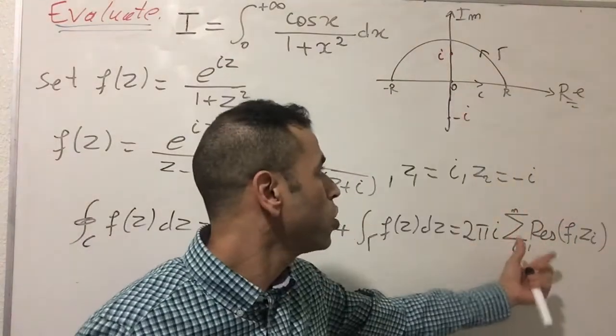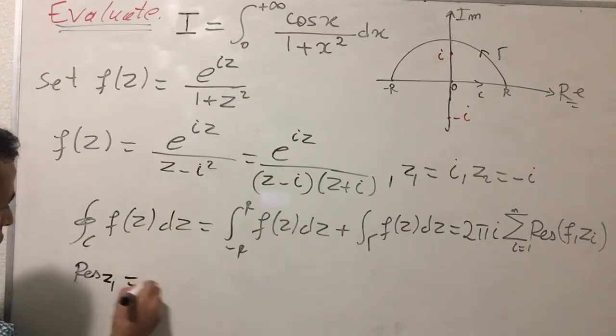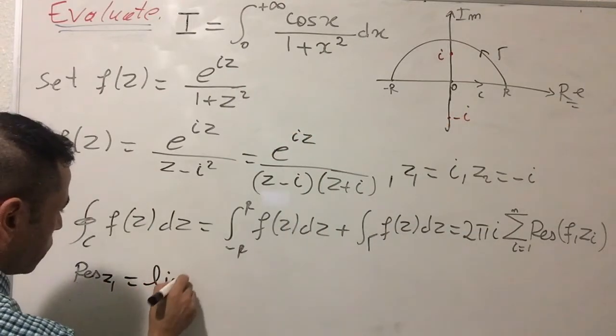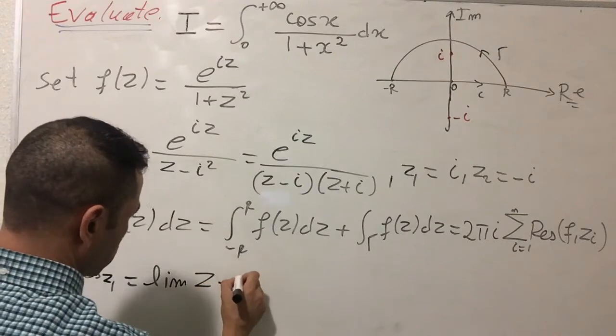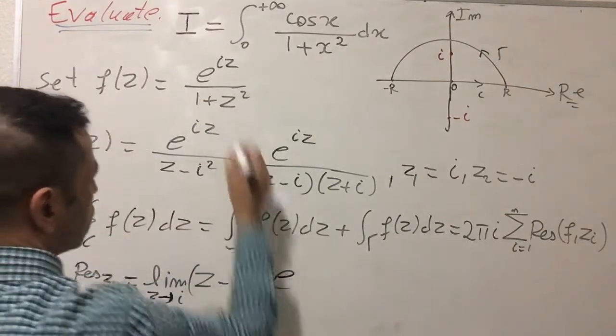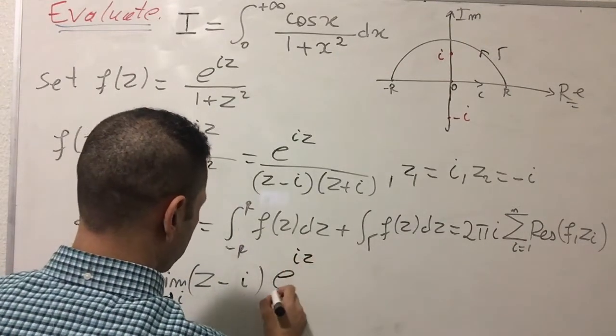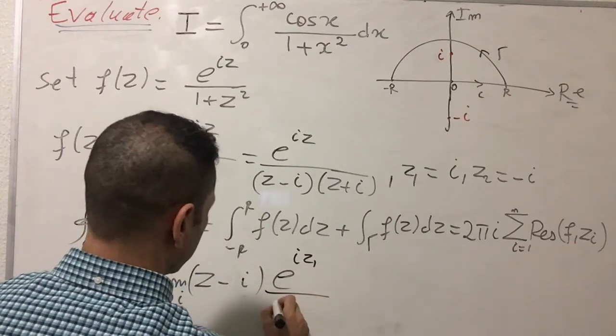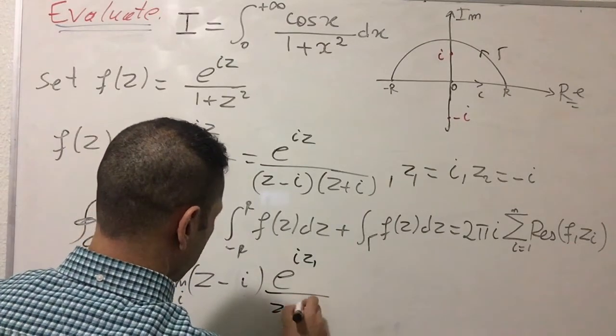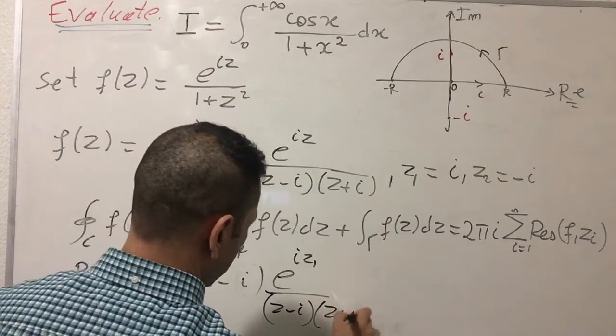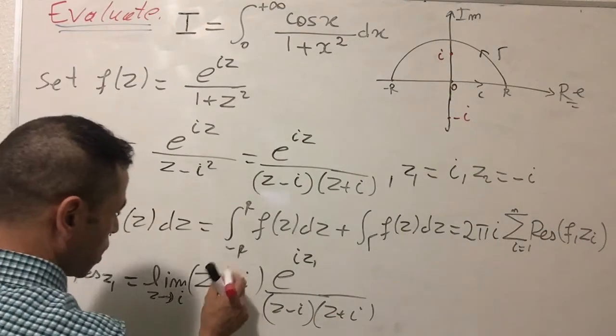Okay, so we have only one pole inside. The residue at z1 equals the limit of z minus z1 times the function, over z minus i multiplied by z plus i. The nice thing here is that z minus i will be cancelled out.